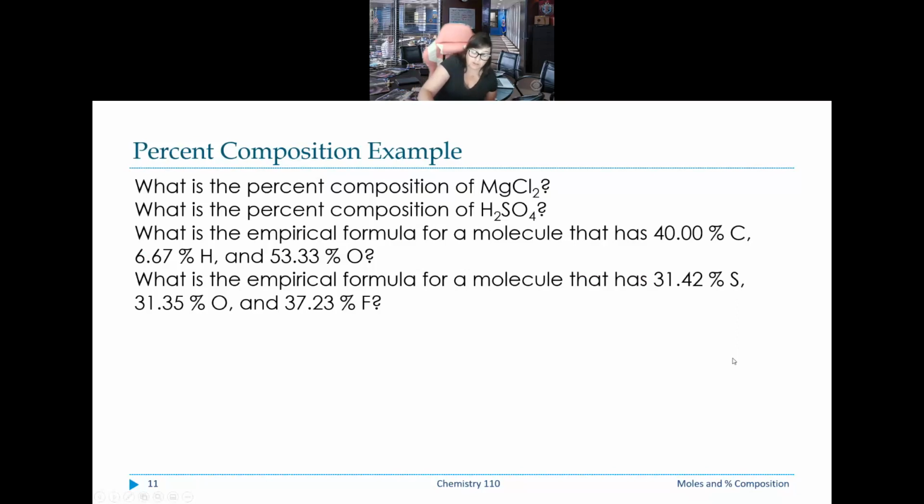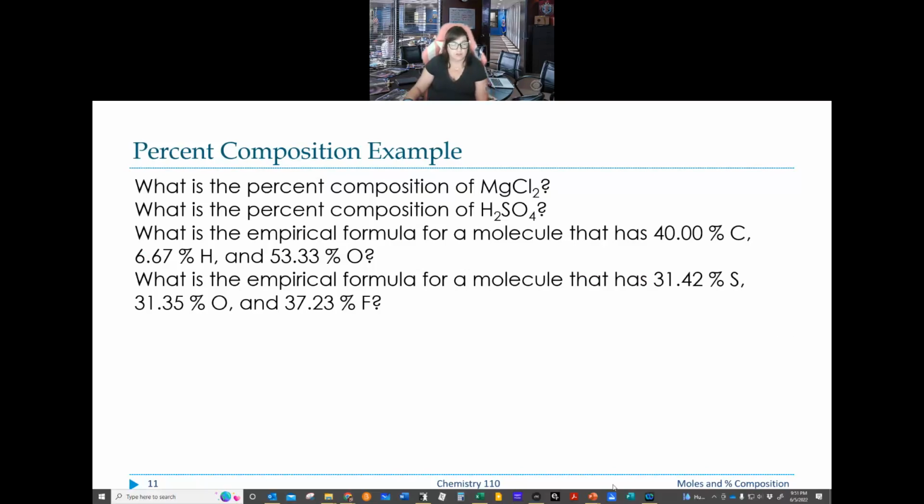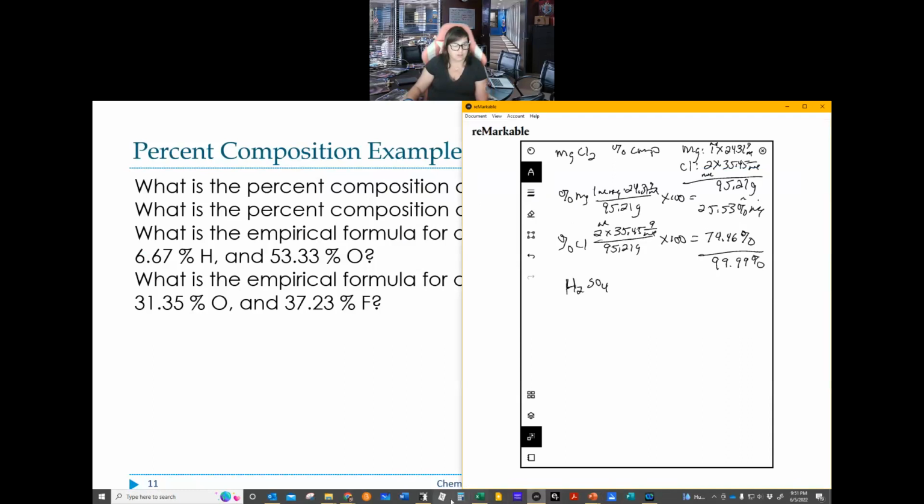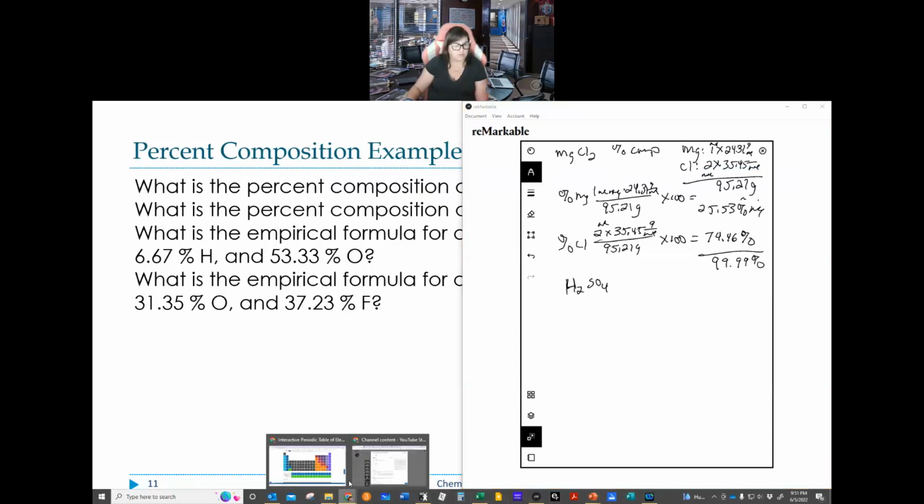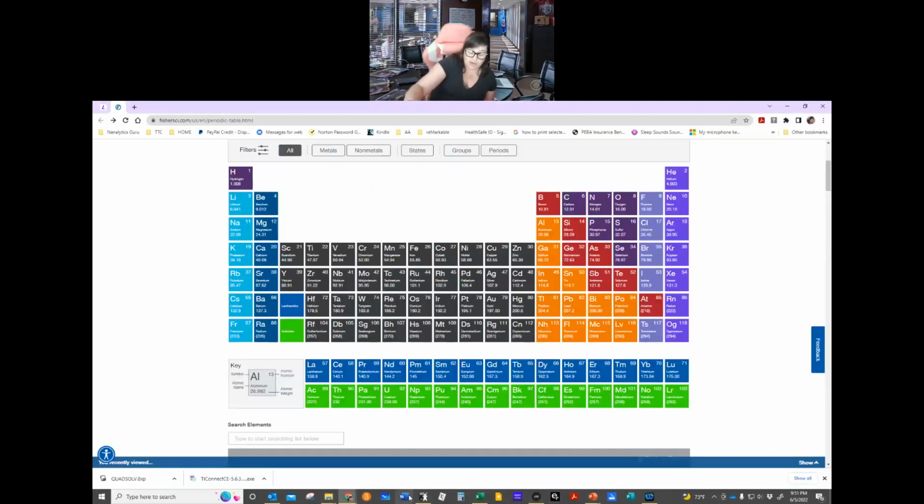What is the percent composition of H2SO4? Well, let's go back. So for H2SO4, the mass of hydrogen is 1.008 grams per mole.